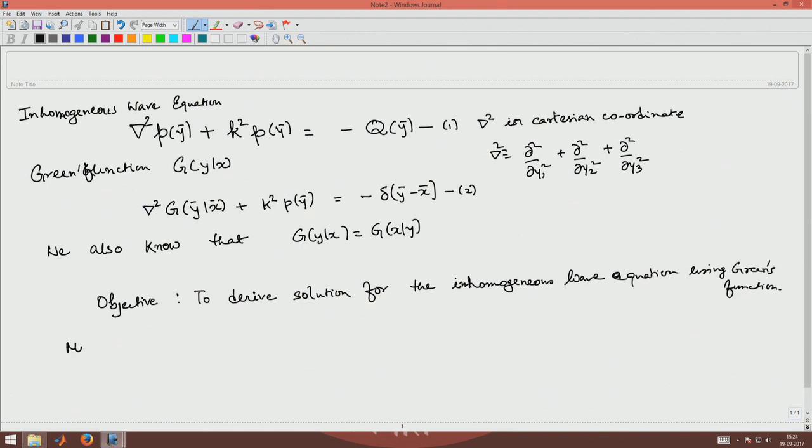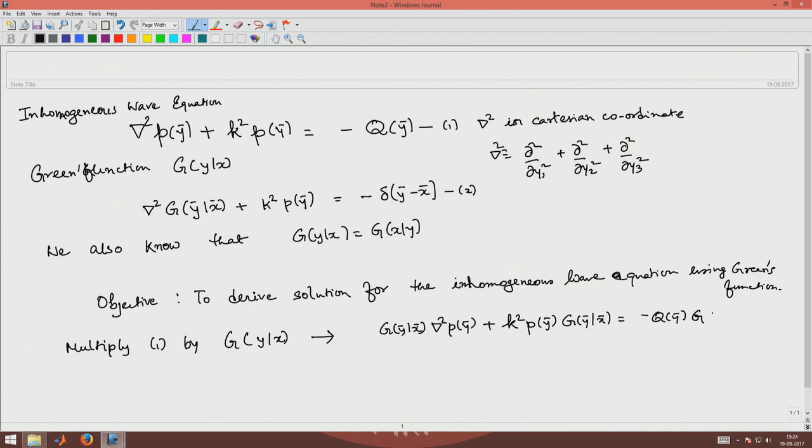If we multiply equation 1 by the Green's function itself, g y comma x, what we get is the following: g y comma x into del square p y plus k square p at point y into g y comma x is equal to minus q y into g y comma x.